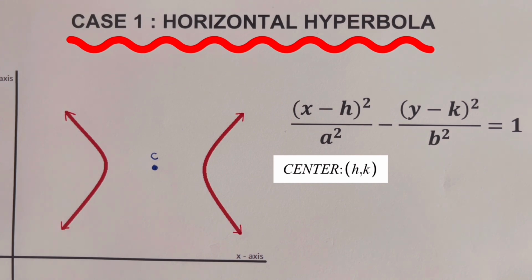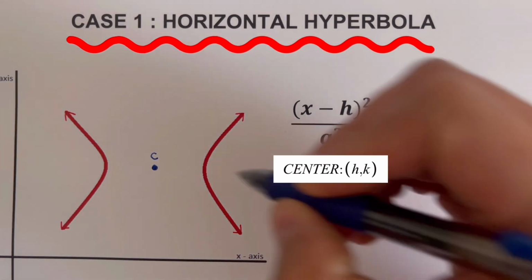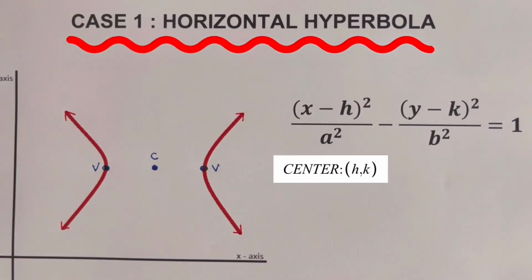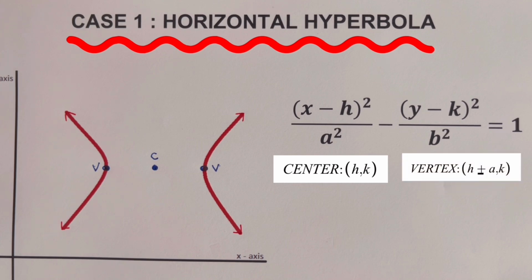Now let's locate the vertices of the hyperbola. These are the two vertices of the hyperbola, and the coordinates for these two vertices would be (h plus or minus a, k). Now we remember that the distance from the center to the vertex is a.